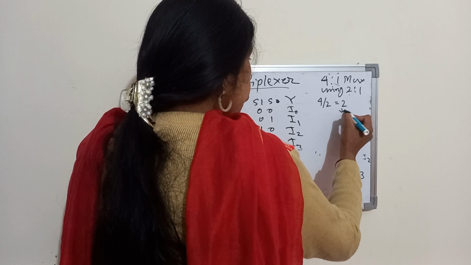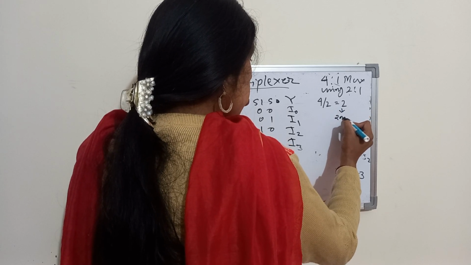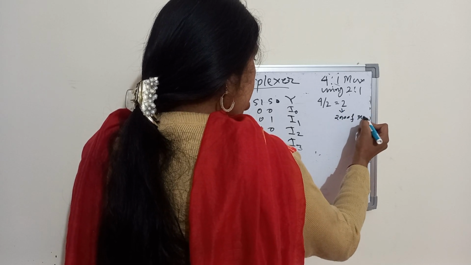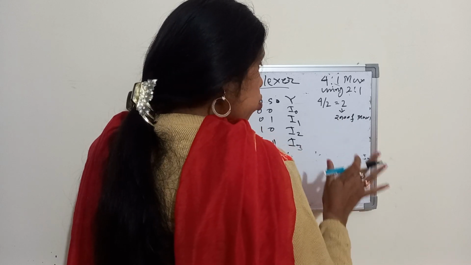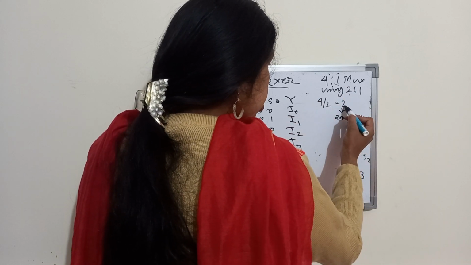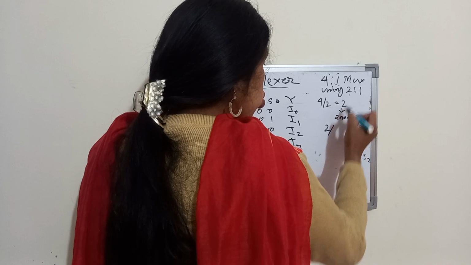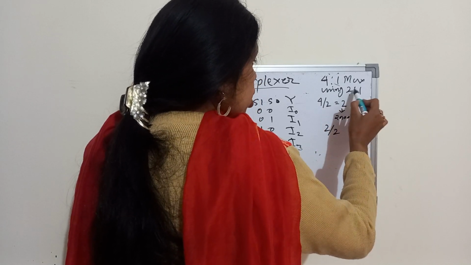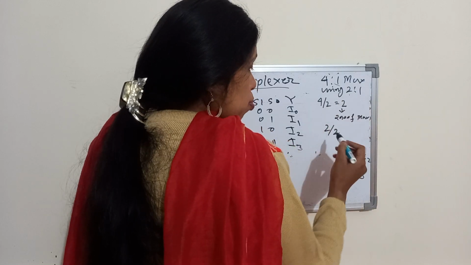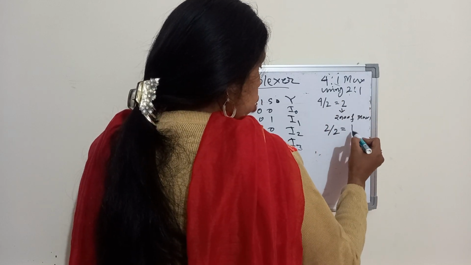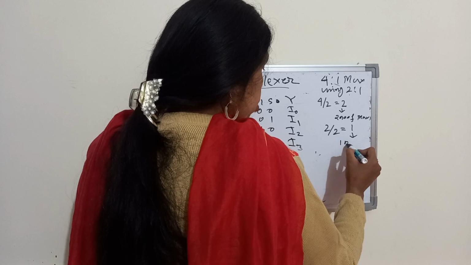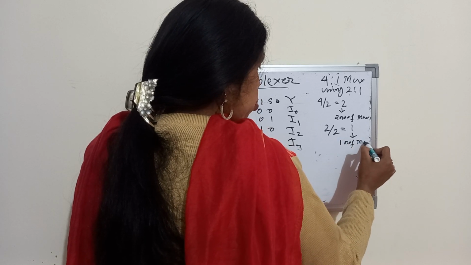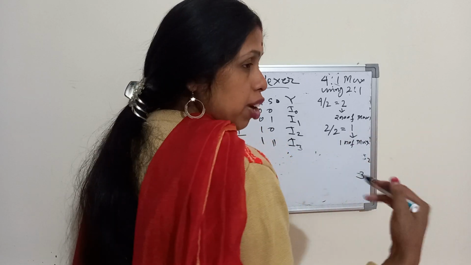Okay. So first, 2 number of muxes are required. But till now I need one more mux. Again I will divide these 2 by 2. Whatever result you are getting, this result is again divided by 2. What is the result? 1. So 1 number of 2:1 mux. 1 cannot be divided by 2 again.